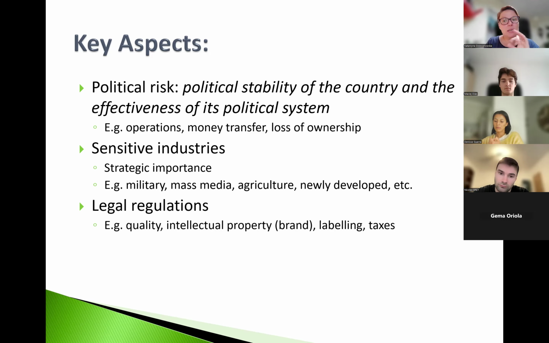Then you also have to look at particular legal regulations. For example, are there any demands regarding the safety, quality, intellectual property, branding, maybe labeling or taxes? Sometimes there are regulations that say, if you want to work in this country, you actually have to have a special permit, or you have to register, or you have to pay extra tax. So, for example, I learned recently that when you start a company in Ukraine, unless you make a profit, you don't pay any taxes and you don't report.